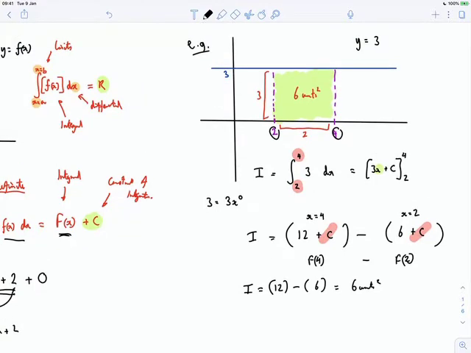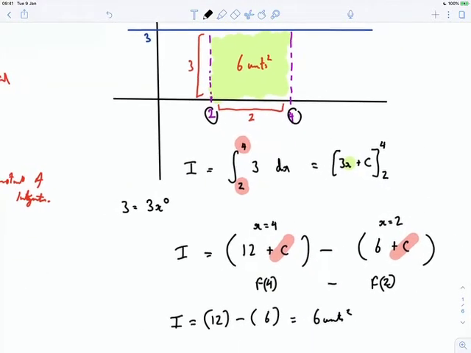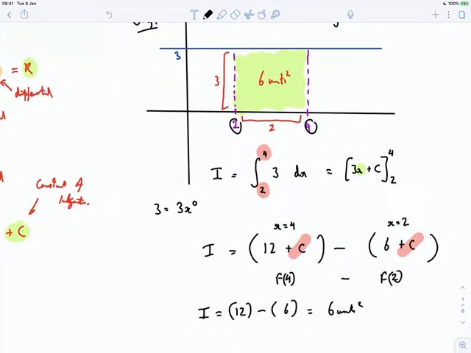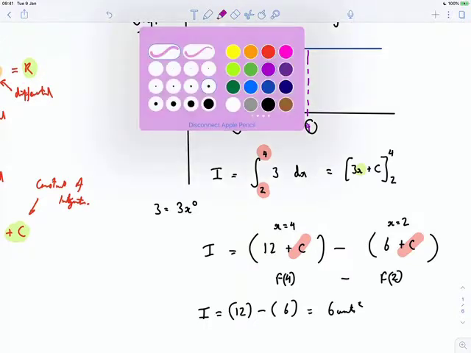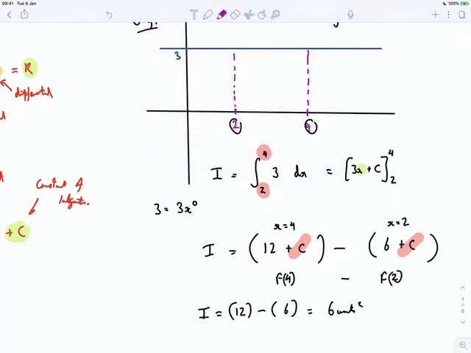Okay, so does our answer match up? Yes, it does. By the way, what happened here? Well, you get that by finding the antiderivative. F of 4 would have found the area up to and including 4 from 0, like so. And can you see why that area is 12?